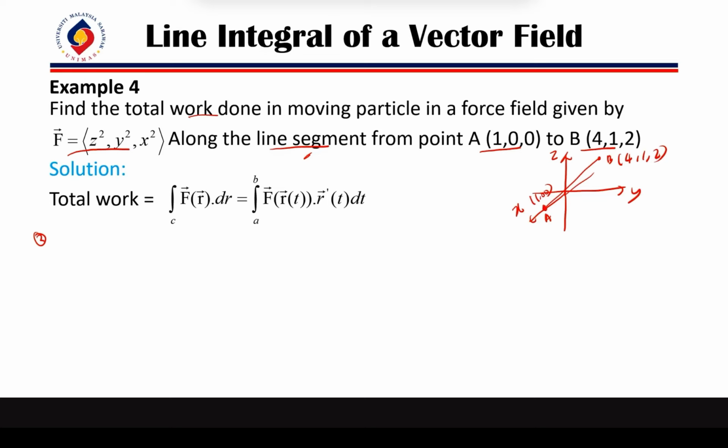We have learned in the line integral of a scalar field how to parameterize. So this is point A, 1 0 0, and this is point B here, 4 1 2.